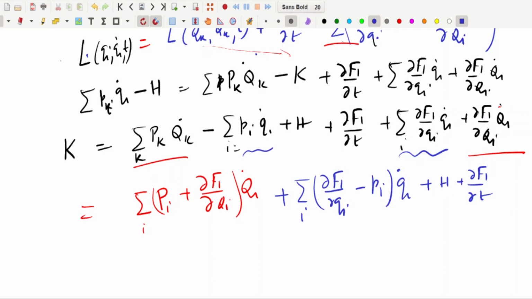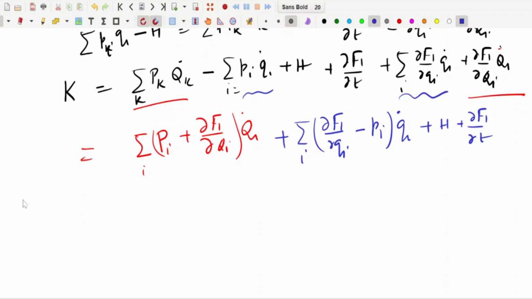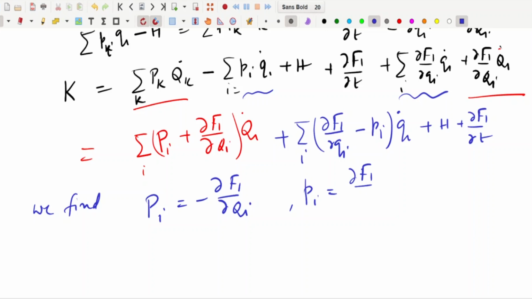So by making the coefficients of q dot and Q_i dot 0, we find that P_i will be minus del f1 del Q_i and small p_i is del f1 del q_i, and your new Hamiltonian K will be the old Hamiltonian H plus del f1 del t.